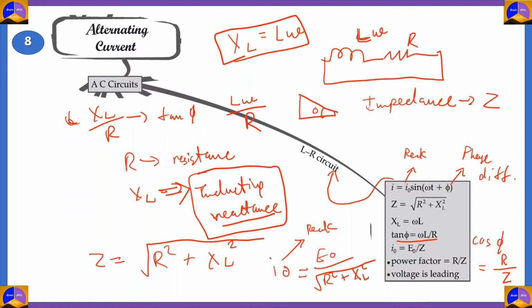And we have an angle that is phi. Phi is the phase difference. The hypotenuse will be Z, the opposite side would be L omega, and the adjacent side would be R. So this is the graph that we get when we're doing an LR circuit.